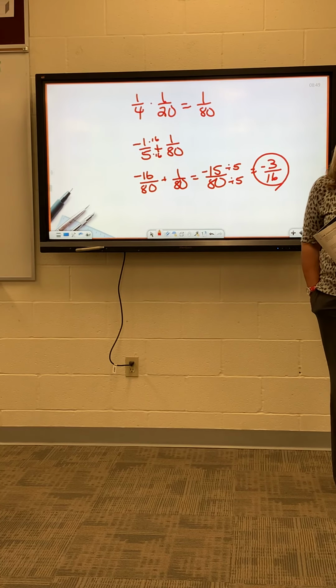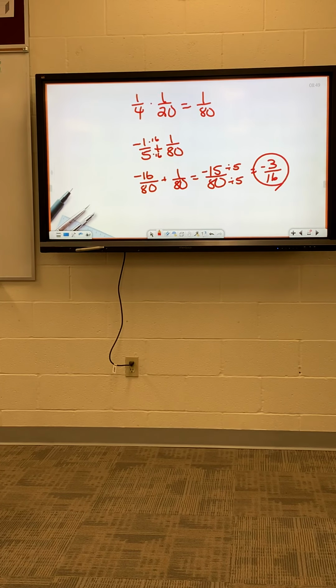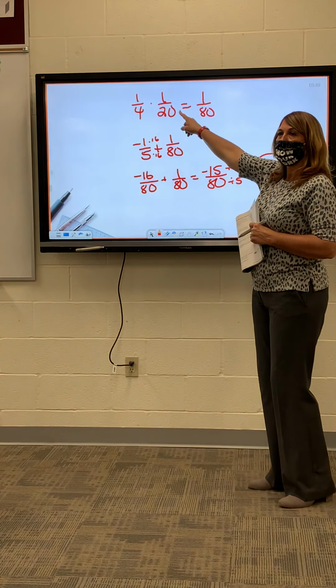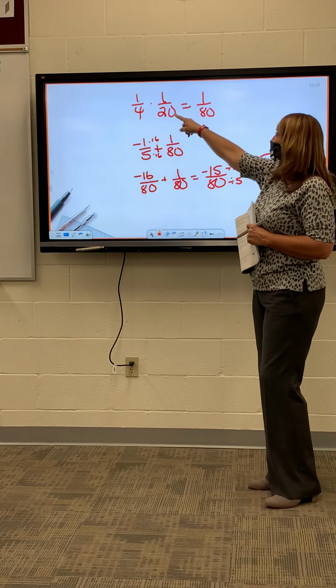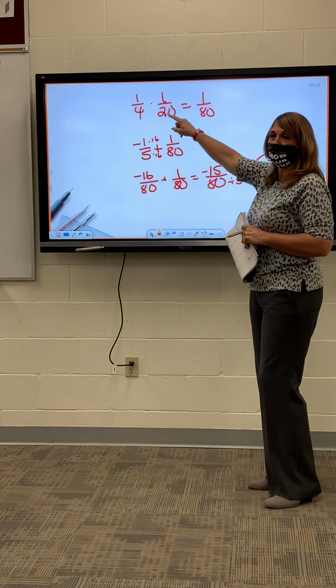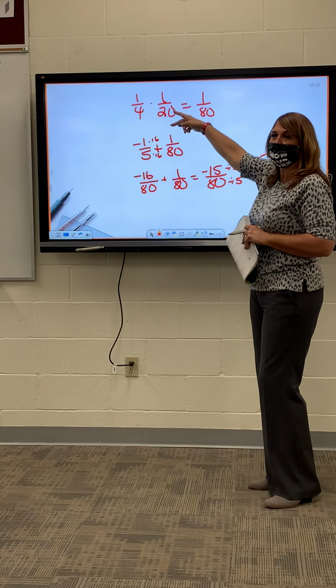Emma? Don't you have to divide 1/4 divided by 1/20th? We did that. That's what Braden did, remember? 1/4 divided by 20 over 1 is the same as 1/4 times 1/20.